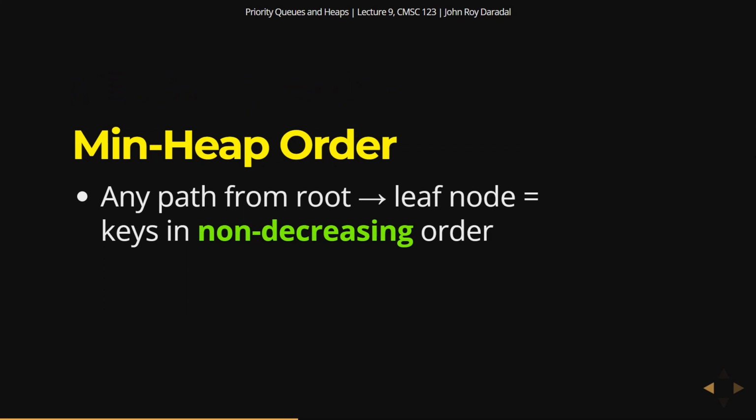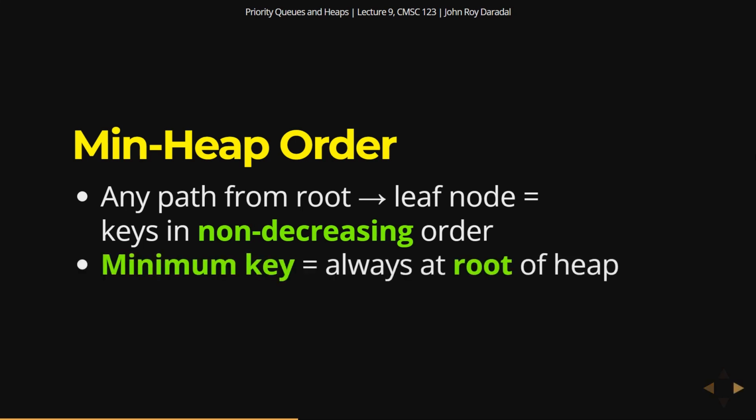Any path from the root going to any leaf node, you will encounter keys in non-decreasing order. So you can think of it as increasing or equal. So it must be non-decreasing. And as I mentioned, the minimum key will always be at the root of the heap.